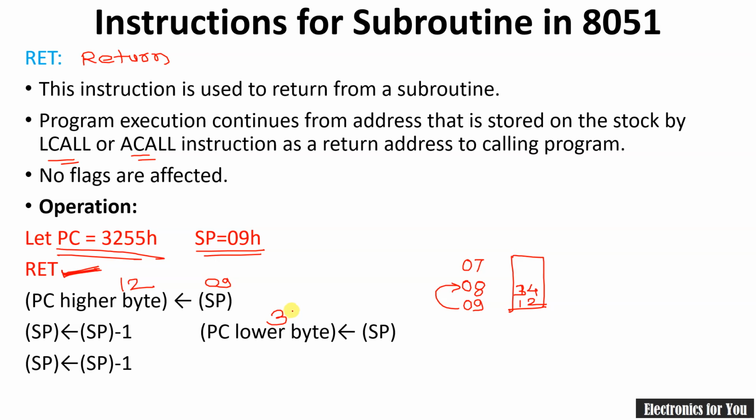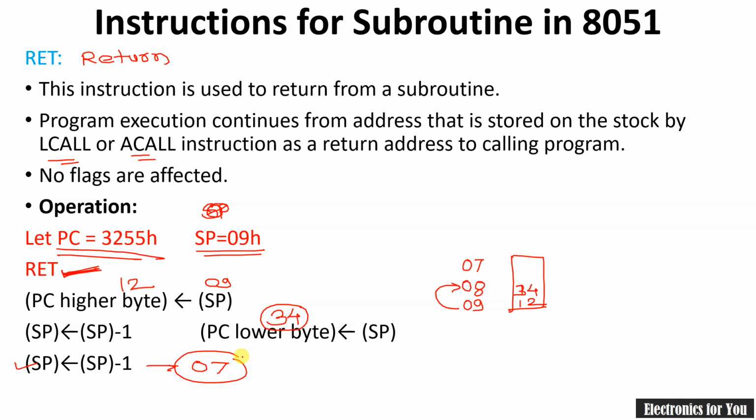So the program counter's lower byte is 34H, which is copied from 08H, and again the stack pointer is decremented by 1. It was previously indicating 07H, so the stack pointer will be 07H at the end of the return instruction.